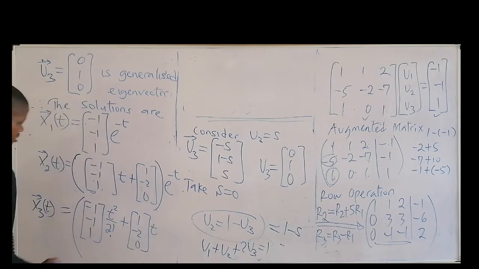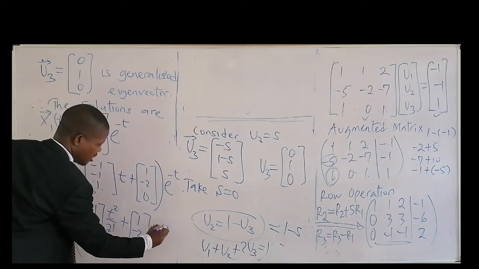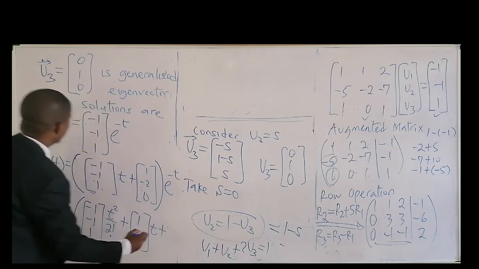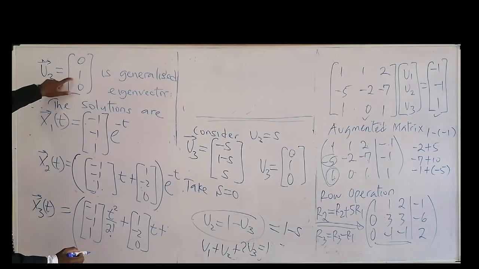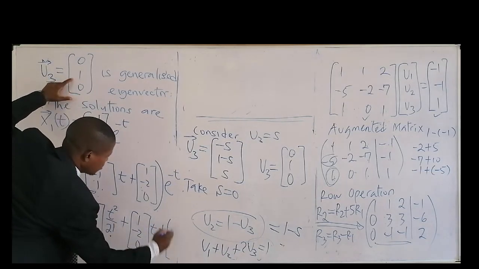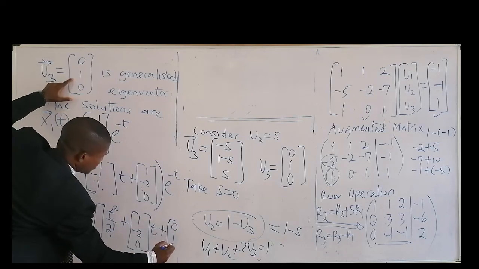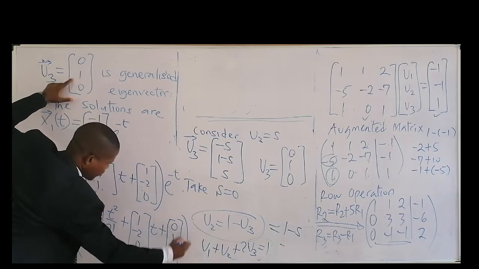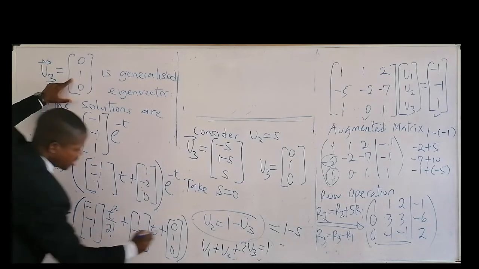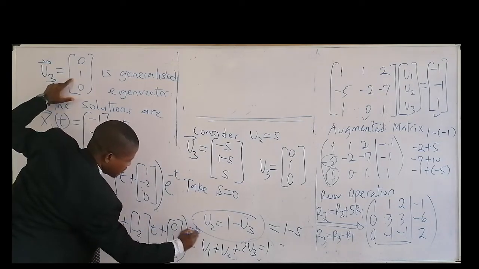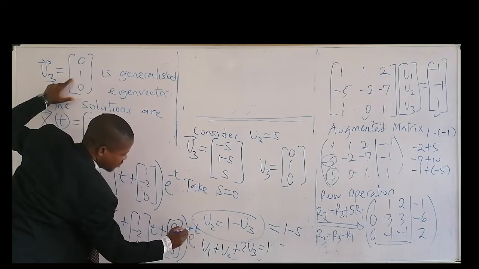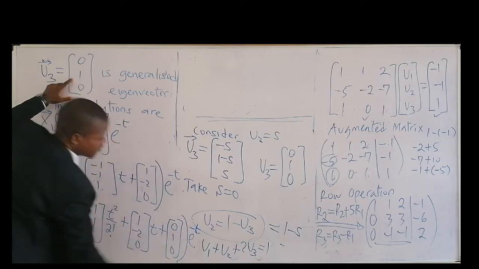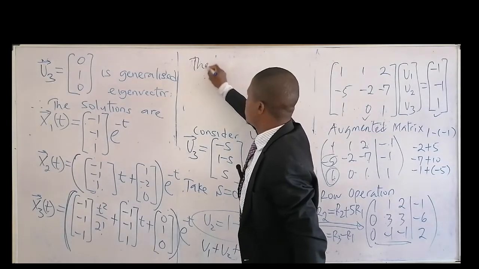Times t, and plus the third one, which is the third eigenvector, which is 0, 0, 1, 0. Then you close your brackets, which you open here. Then you put your exponential minus t. The minus here is your eigenvalue times what? Is t.